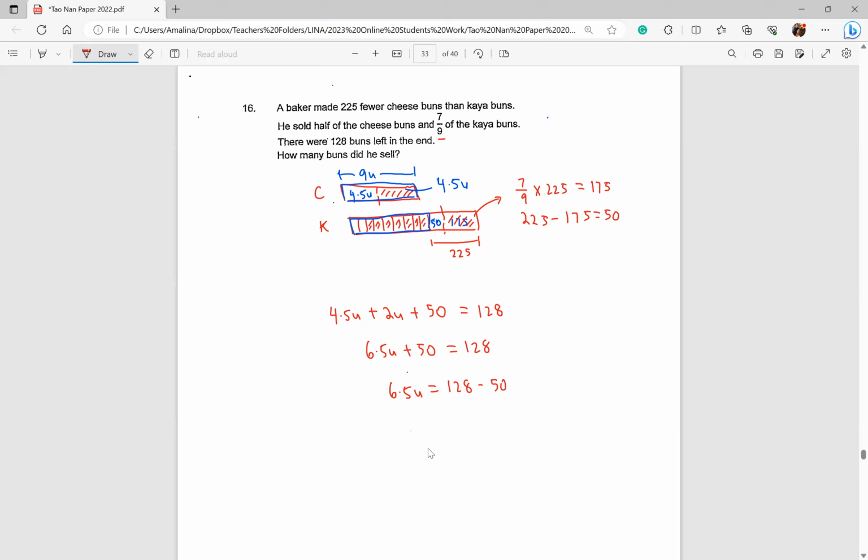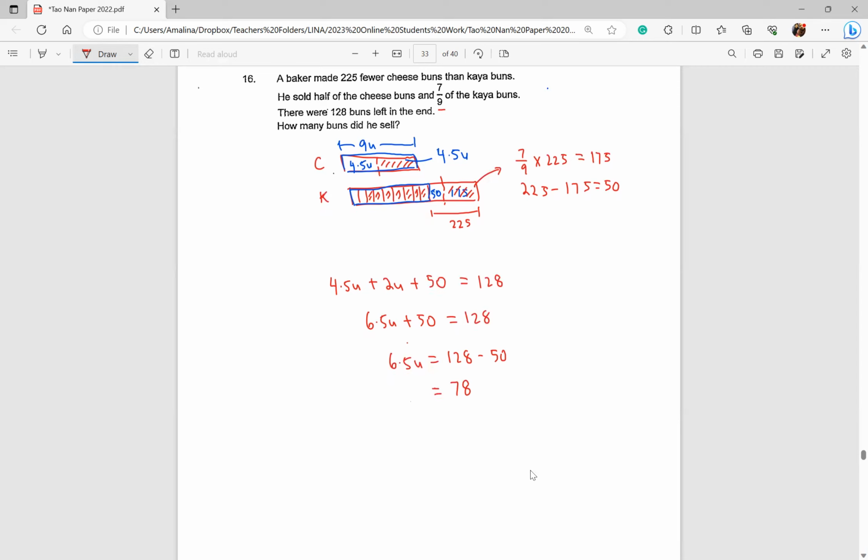So 6.5u is your 128 minus your 50. I will get my 78. That's for 6.5 units. And then you want to find for your 1 unit. So 1u, take your 78 divided by 6.5. I will get 12 for 1 unit.